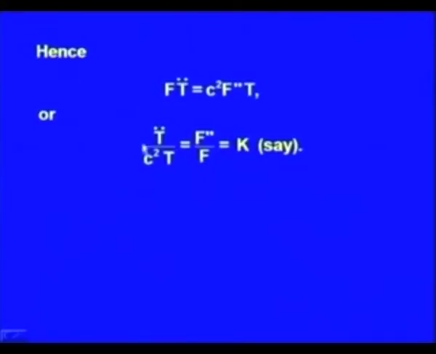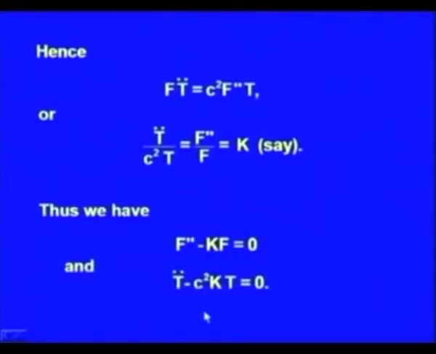So, t double dot over c square t equal to f double dash over f must be equal to a constant, which we can take as say k. This will lead us to two ordinary differential equations of second order, f double dash minus k f equal to 0 and t double dot minus c square k t equal to 0.